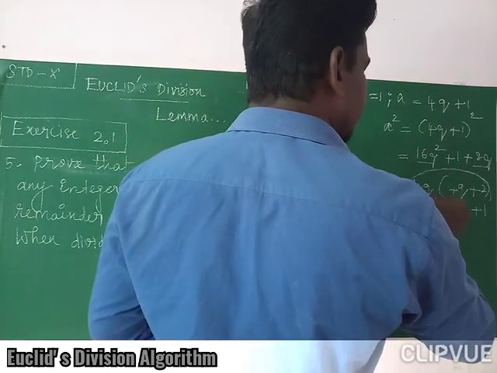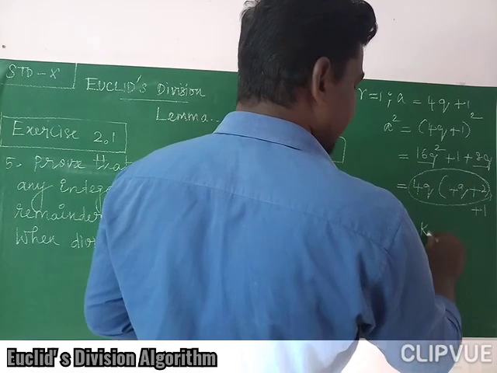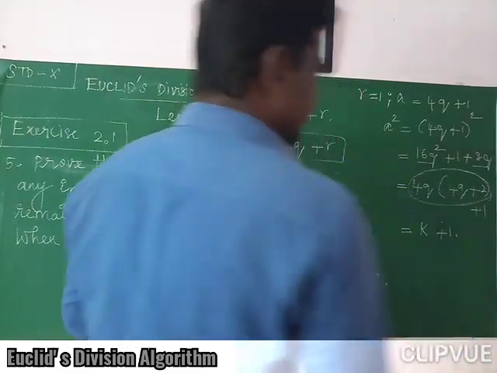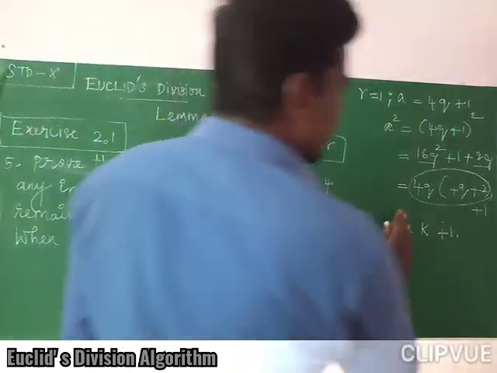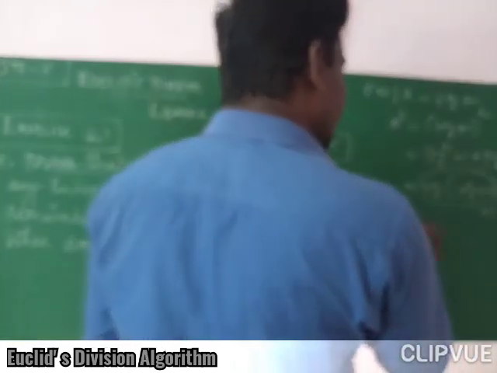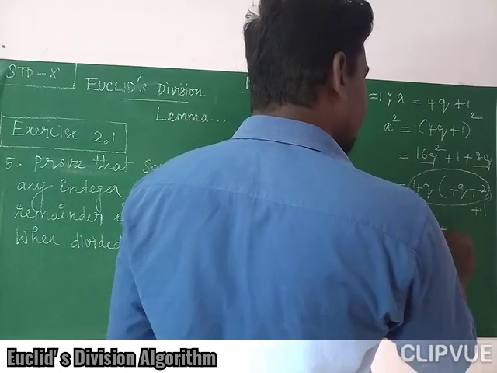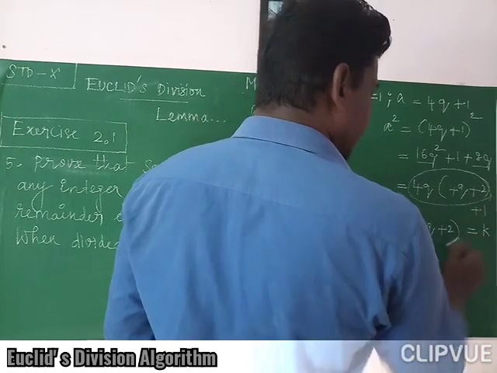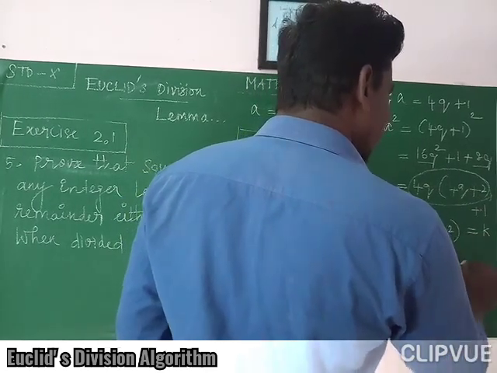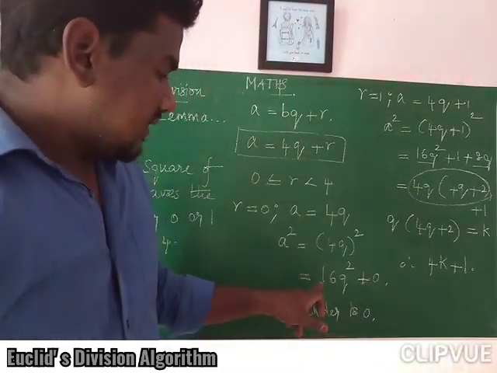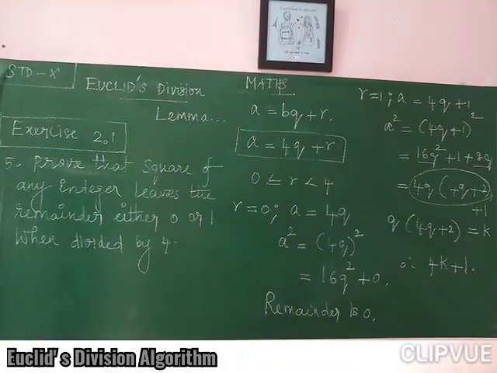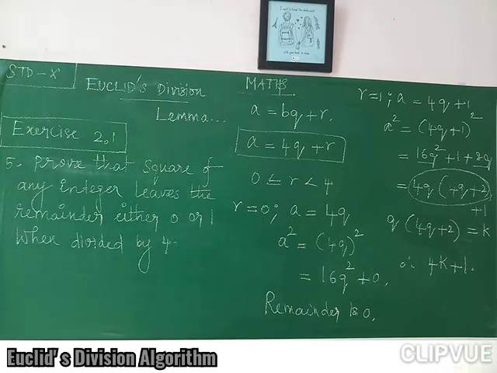So if you take this as k, any value k plus 1, or you can take 4q plus 2 equal to k, means 4 into k plus 1. Here it leaves the remainder 1. So 4k plus 1.